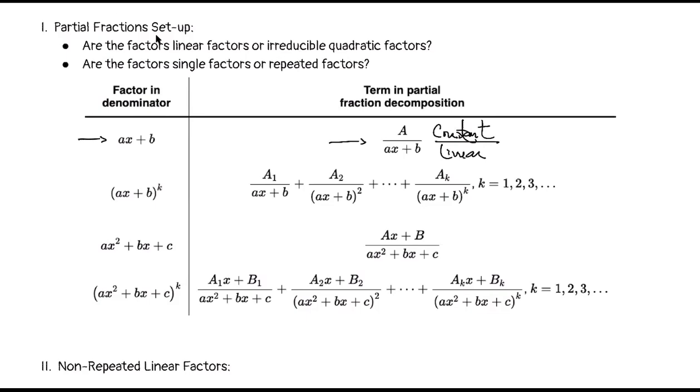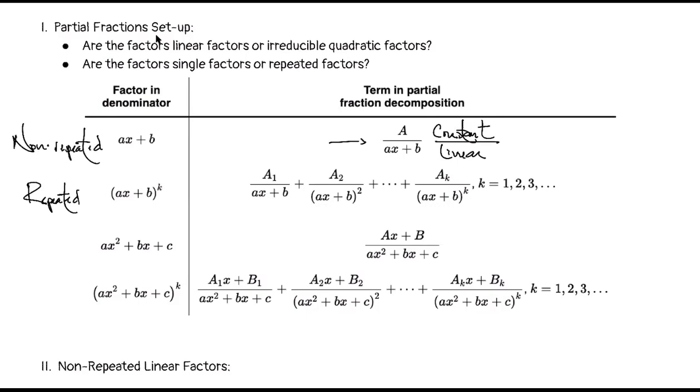Now, once in a while, we encounter a situation where the factor on the bottom is repeated, okay? So this is a situation where you might have a repeated factor, whereas the first one we would say is a non-repeated. Okay?